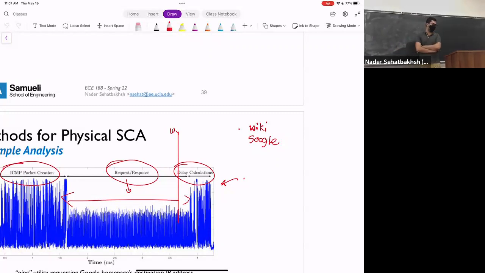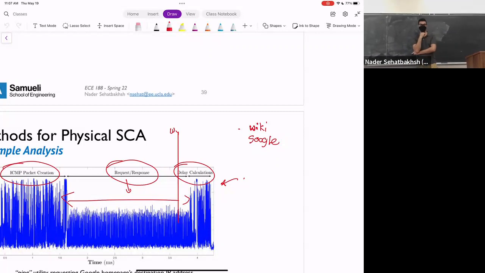If you're interested, there are attacks showing how this could be amplified and become more serious, starting from just knowing what website you're visiting to which link you're clicking on that website, how much time you're spending on it, et cetera.